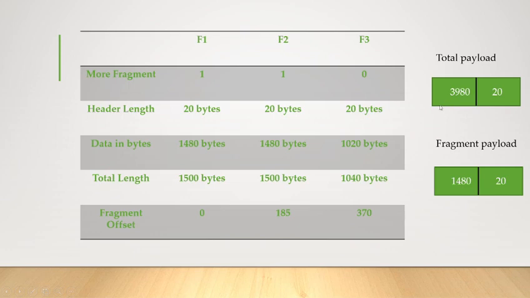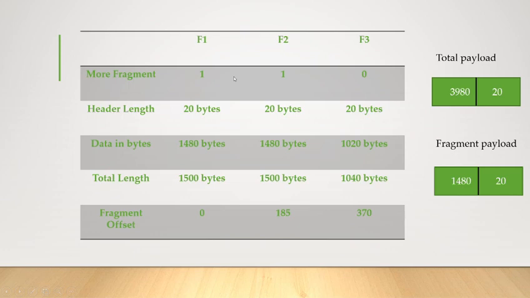Here, as we can see, the datagram has 2 parts, a header part and a payload part. The header is 20 bytes and the payload is 3980 bytes, and similarly each fragmented datagram has 20 bytes of header and 1480 bytes of payload.